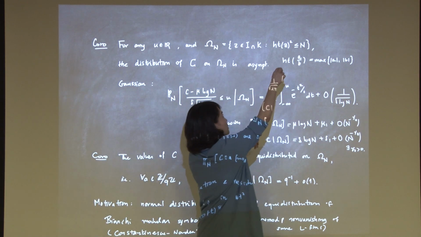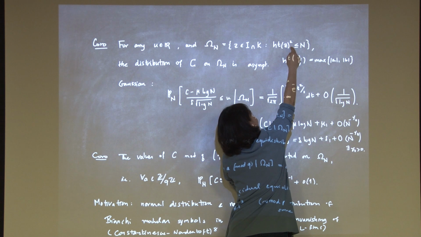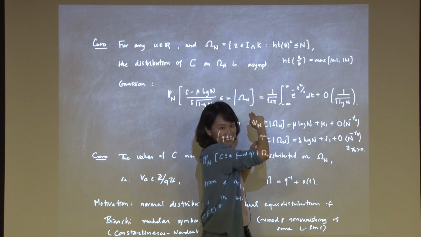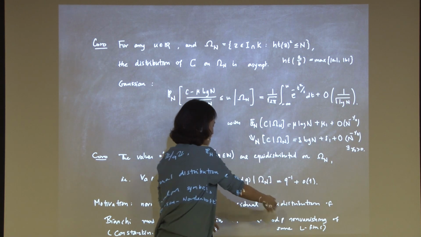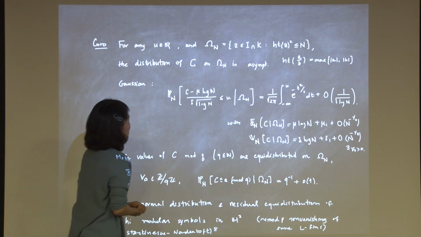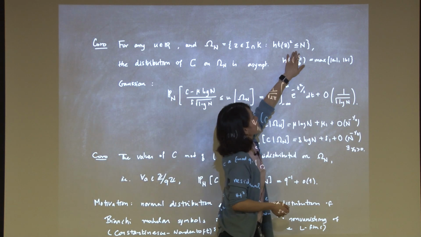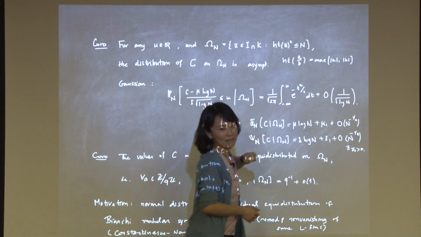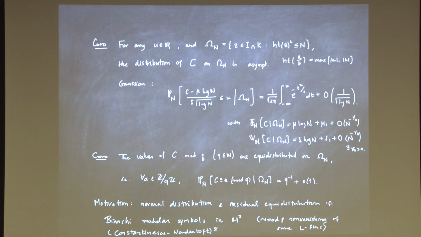Ideally, we would like to show that if the height equals n, then the L-function value is non-zero, but instead we have some average statement. I'm not an expert in L-functions, so let me just say that Bianchi modular symbols have normal distribution and residual equidistribution, and that was the motivation of this work.